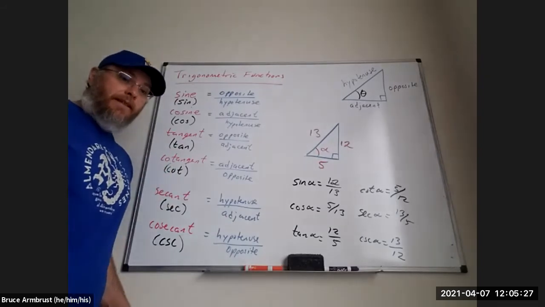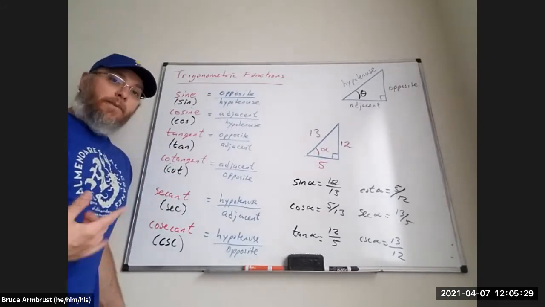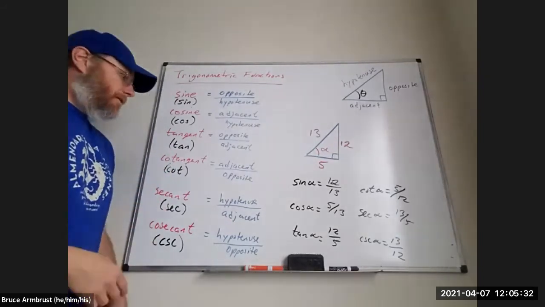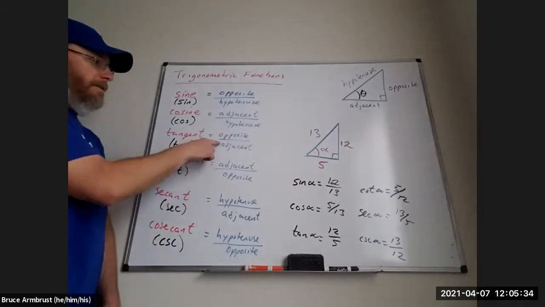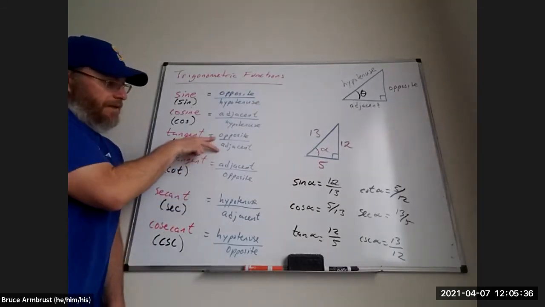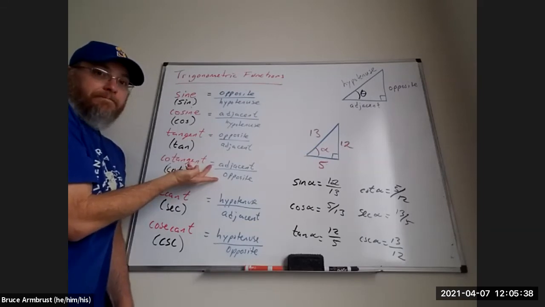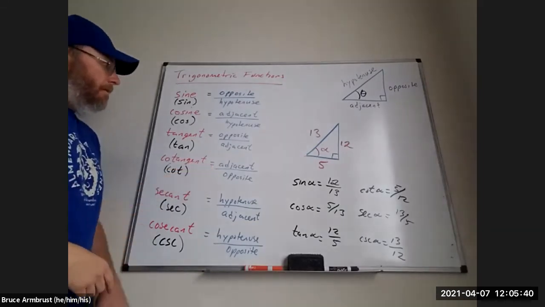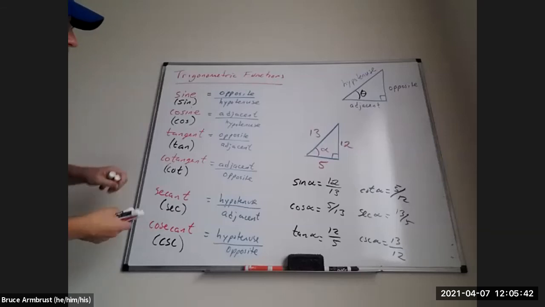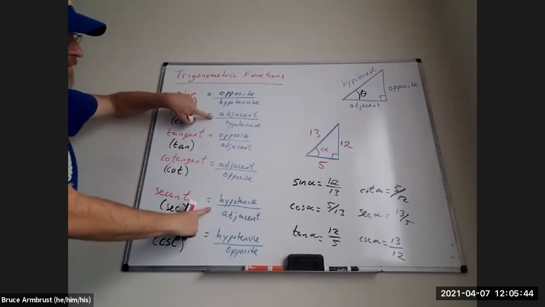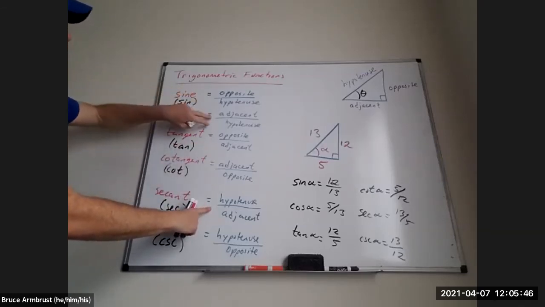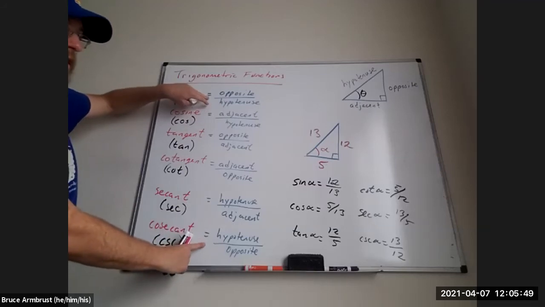And in fact, that's one of the things that you can use to help you remember this, right? Look at tangent and cotangent. It's the same thing, just flipped over. Cosine and secant, same story. You just flip this over, you get the other one. And the same thing with sine and cosecant.